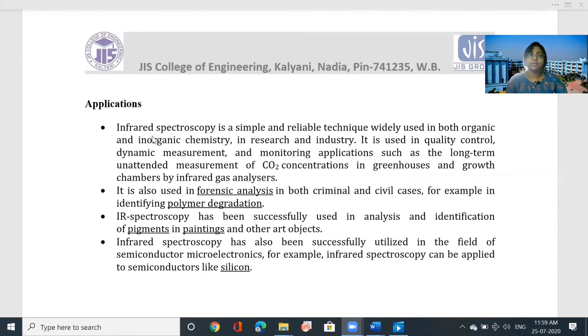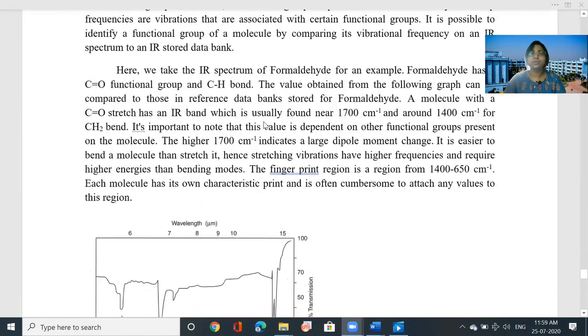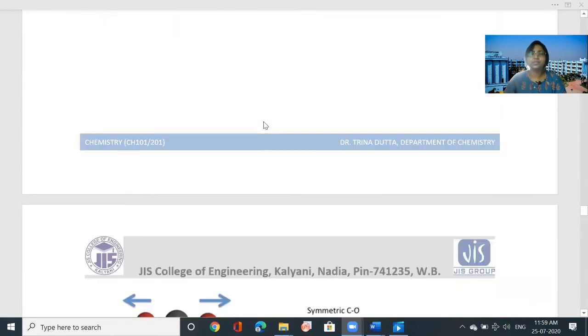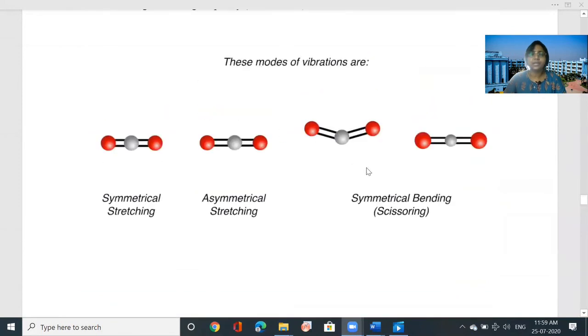Say, if any molecule has a dipole moment, then it can absorb or interact with the IR radiation, and only then can we say this is IR active. Like you have seen for CO2, different types of bending and stretching take place, symmetrical and asymmetrical.